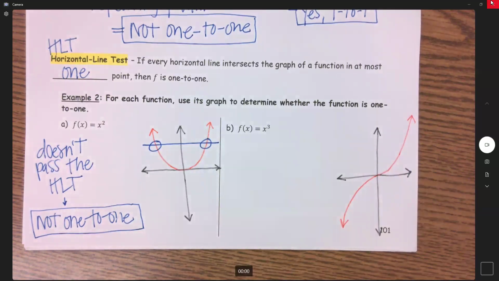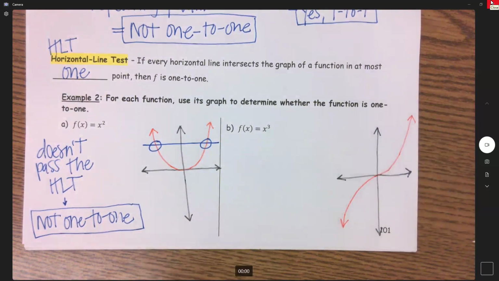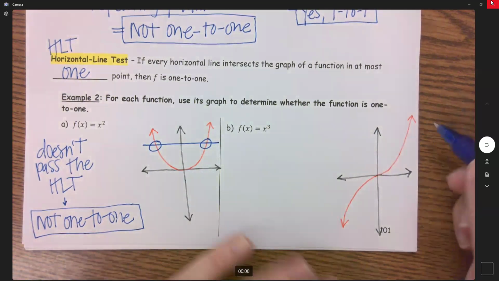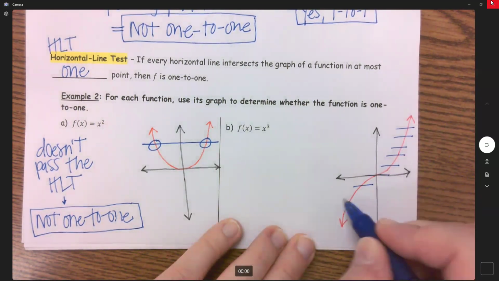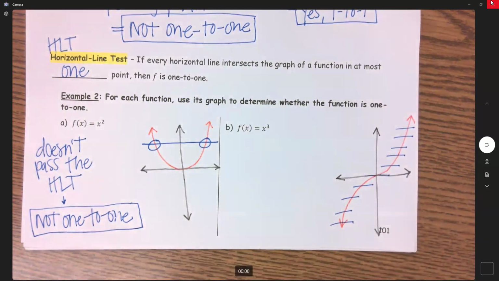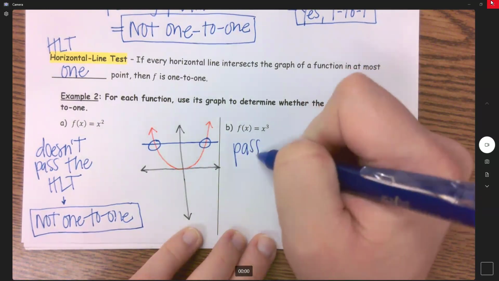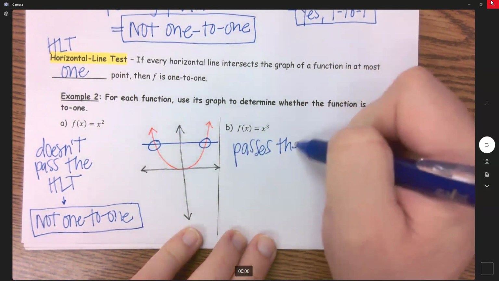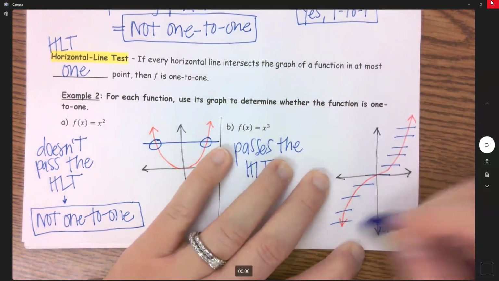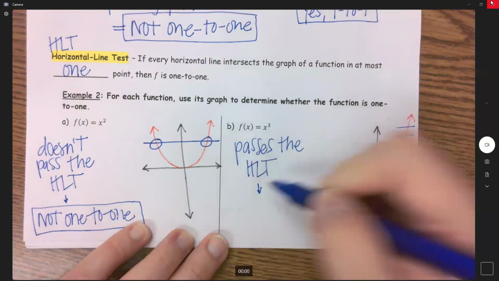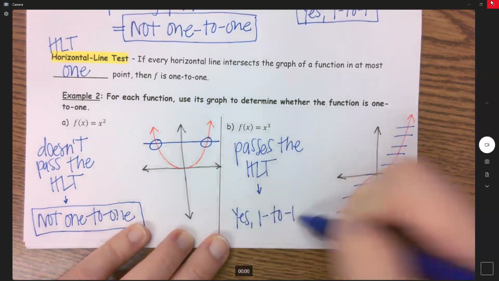Again, we can tell that it passes the vertical line test, but does this pass the horizontal line test? Anywhere we put a horizontal line, it intersects this graph in one spot. So this one passes the HLT. So therefore, yes, this is one-to-one.